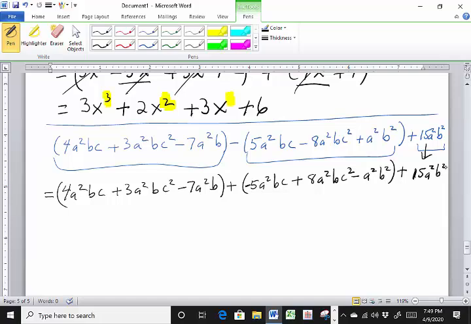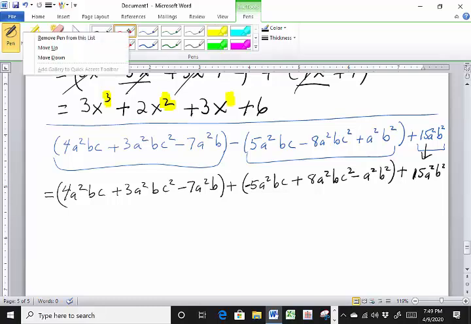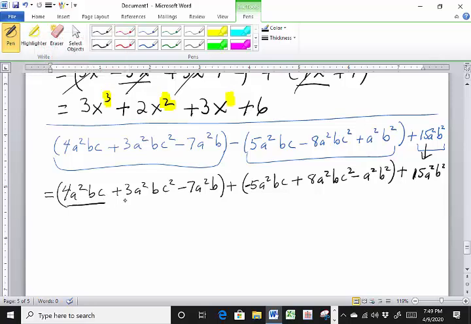Okay? Alright, now let's see, we need to identify like terms. So a squared bc, so these are actually like terms right here. So let's deal with those two first. So we have 4 of them added to a negative 5 of them. That means it's going to be a negative 1 of them. I don't have to put the 1, so I'll just put a minus a squared bc.